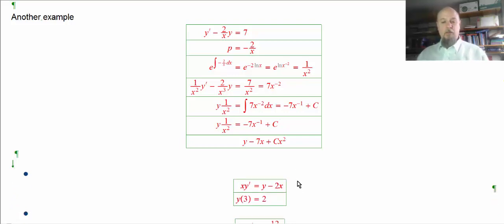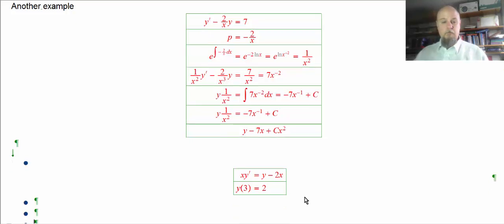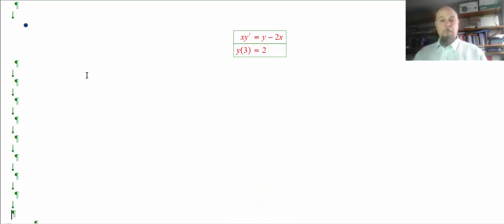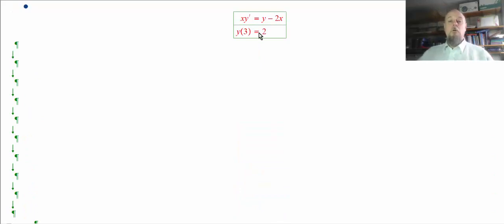Let's look at some more examples. So now, I've been given an initial condition, which means that when I do get the c in the right place, I'm going to be able to find what that c value is.